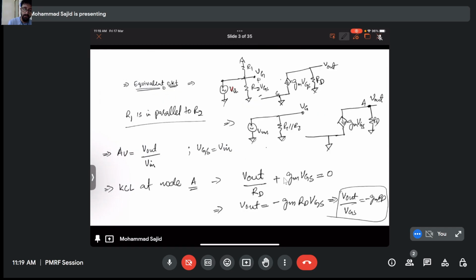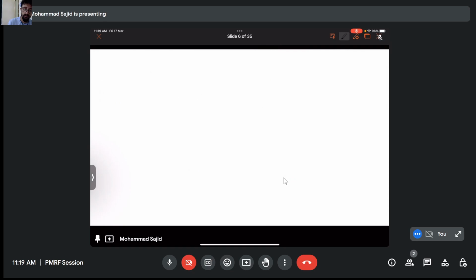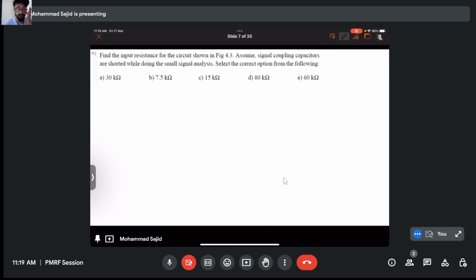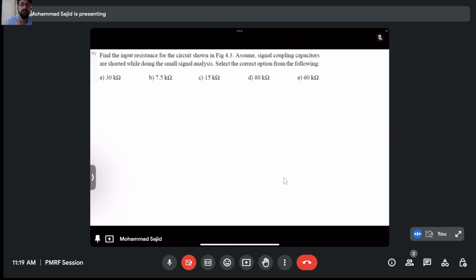Okay, let's see what's next. Now the question says, find the input resistance for the circuit shown in the figure.